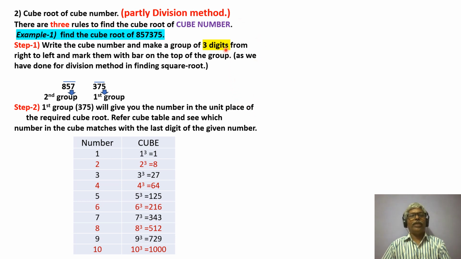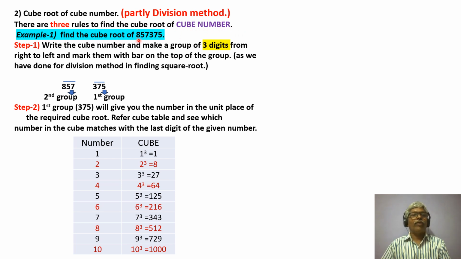We are only studying the part which is used in this. So here you have to find the cube root of a cube number. A cube number is a number which you know has a perfect cube root. There are three steps to find the cube root of a cube number. Remember this cube number.